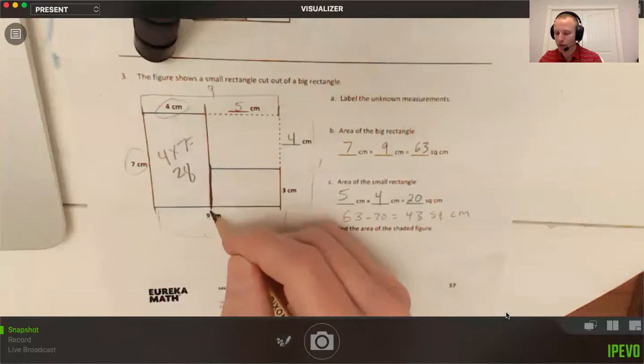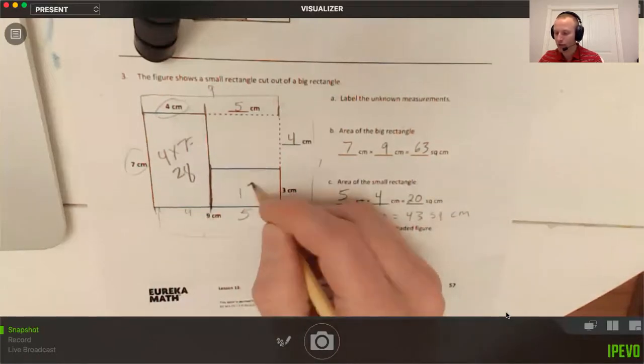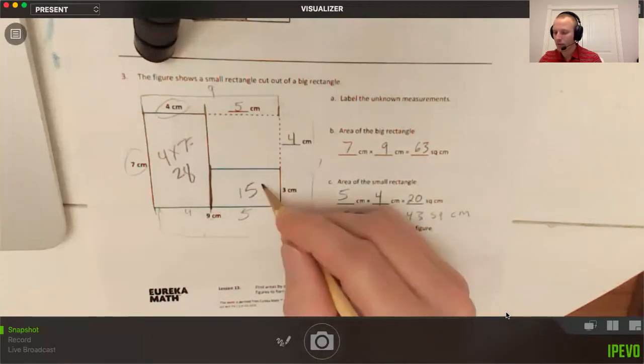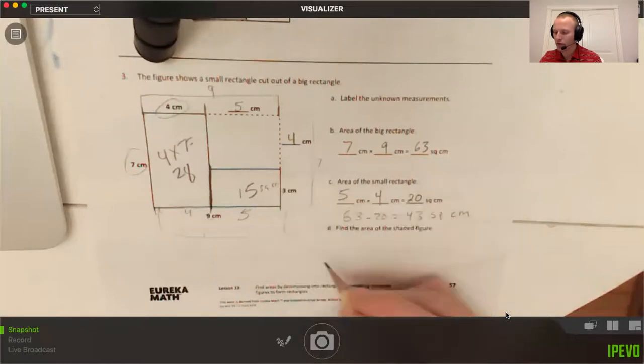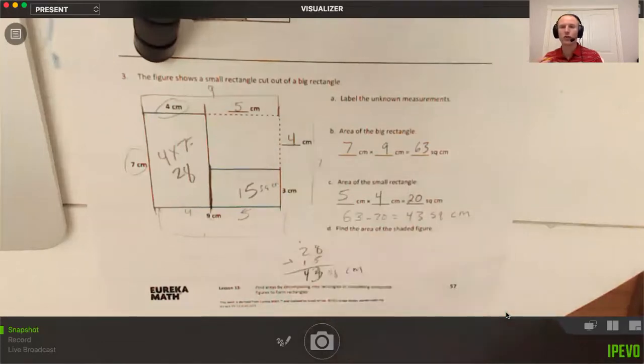And from there to there is 4, the leftover piece is 5. 5 times 3 is 15 square centimeters. So I do 28 plus 15 is 43. I got ahead of myself there. 43 square centimeters.